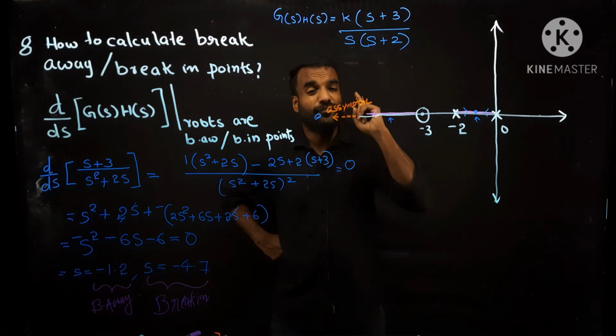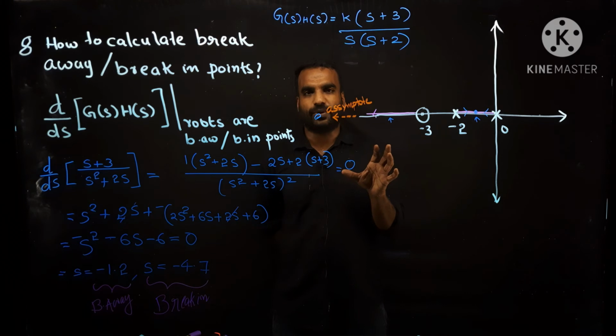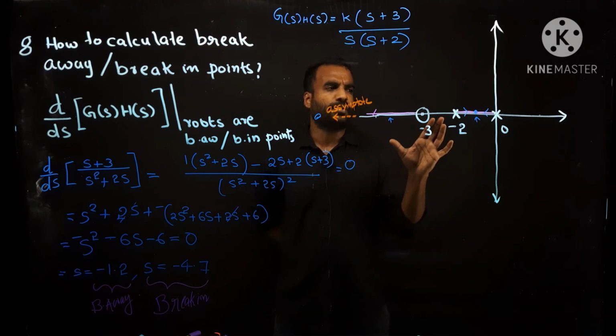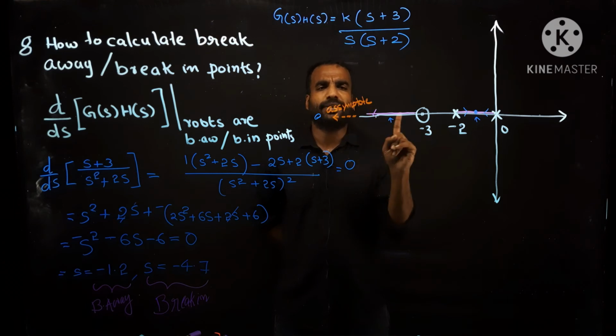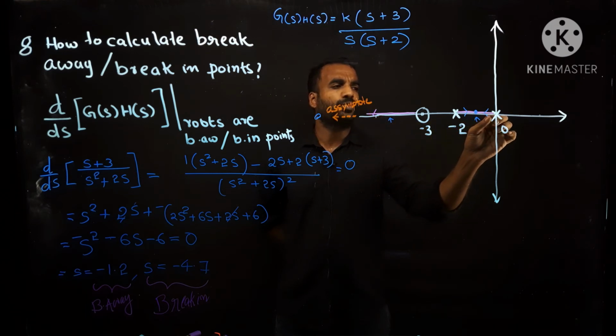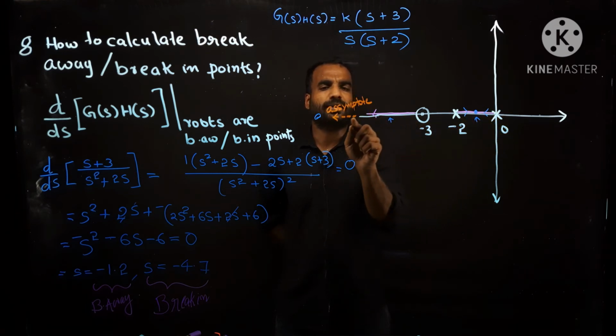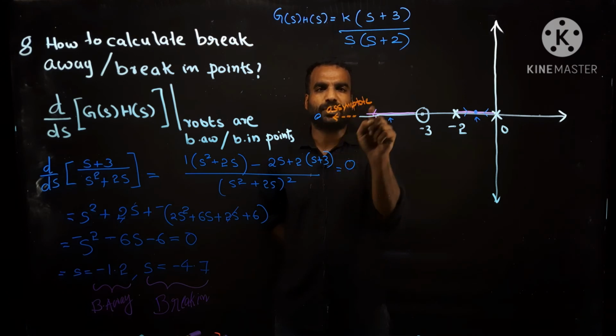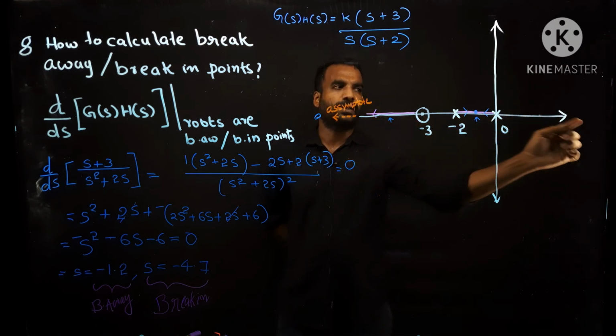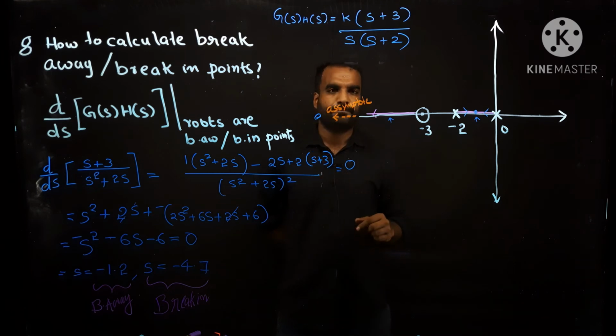As there is only one asymptote, no need to calculate the centroid because the centroid is the meeting point of asymptotes. So only one asymptote means no intersection. Then with respect to the origin, I marked that 180 degree line, that is the asymptote line.